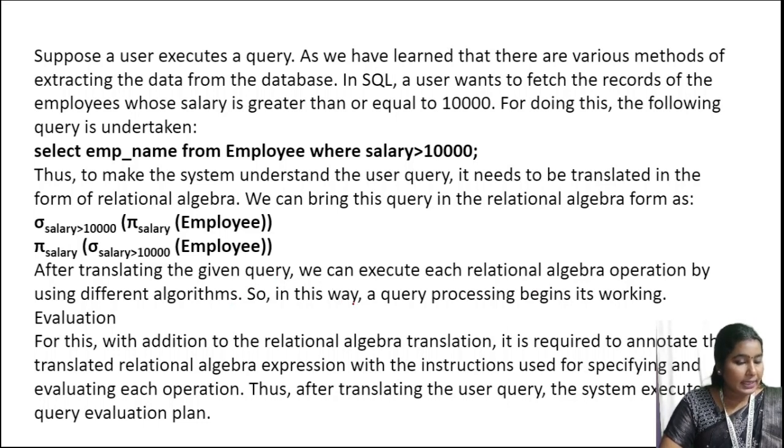In this way, query processing begins its evaluation. In addition to the relational algebra translation, it is required to annotate the translated relational algebra expression with the instructions used for specifying and evaluating each operation. Thus, after translating the user query, the system executes a query evaluation plan.